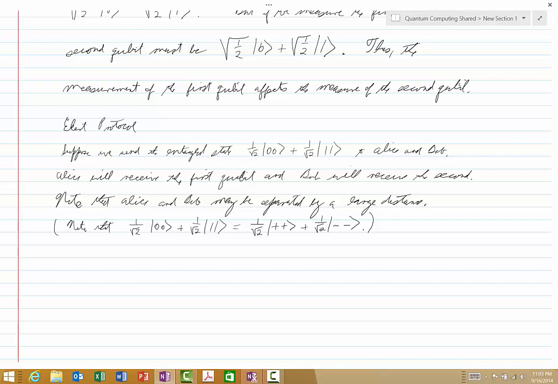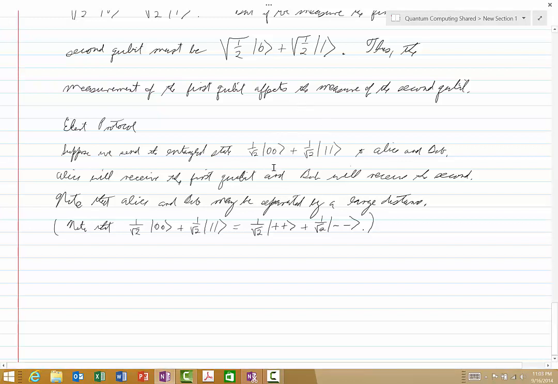Now, having written these states in this way, we can see immediately that, again, remember, Alice has the first qubit, and Bob, who might be very far away, receives the second one. And Alice and Bob will randomly decide whether to measure their qubits with the standard basis or with the Hadamard basis.